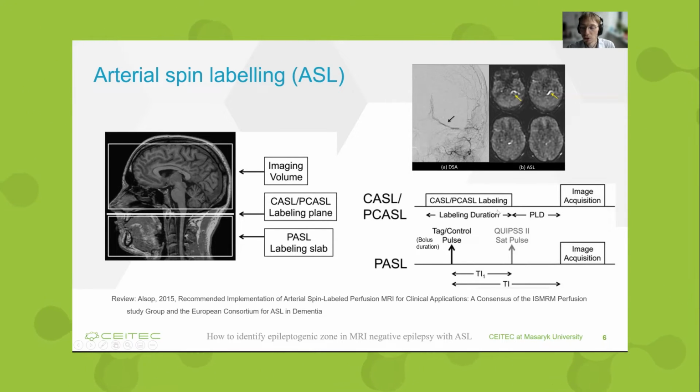It's labeling duration. This is the time where we label the blood. Then there is a post-label delay, the time when we wait until the labeled blood enters the brain, and then we acquire the image. There is one very nice review on the method. If somebody of you is interested, I depicted it here.